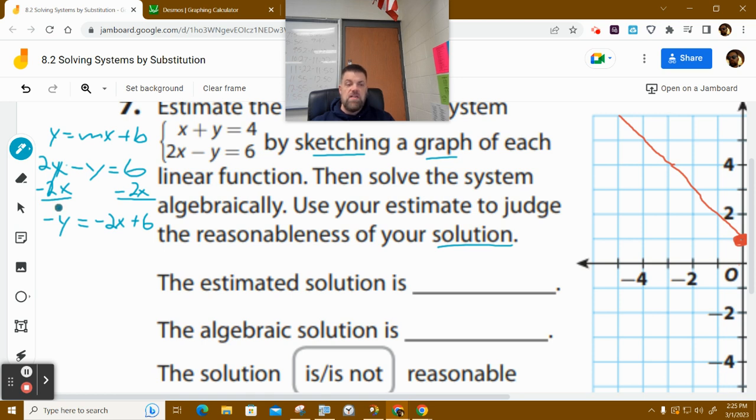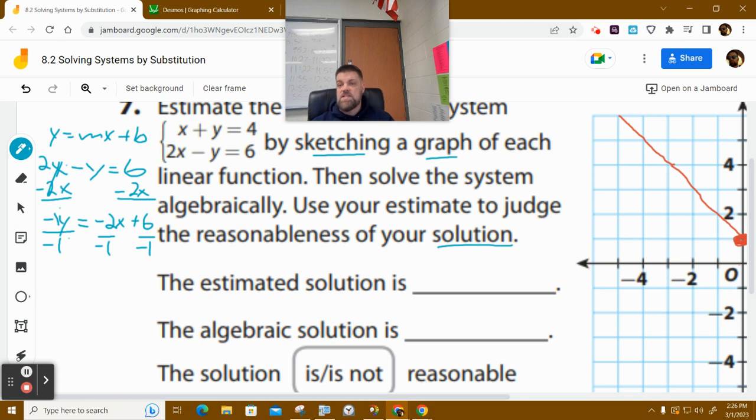You're half right. This is a negative 1y. Wouldn't I normally divide this by negative 1? Couldn't I divide this by negative 1? So remember, on equations, when you divide or multiply by a number, you have to multiply or divide the whole thing.